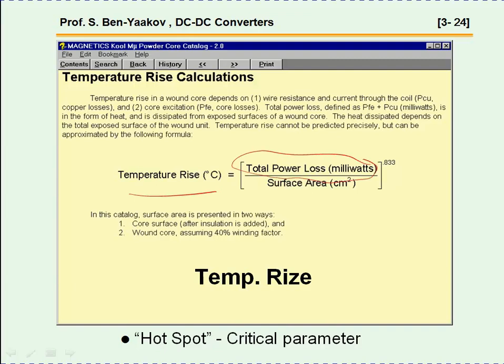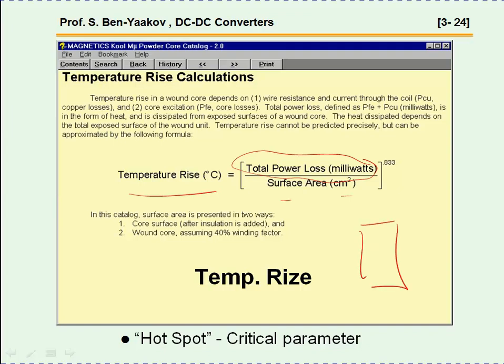This will be the wire loss, that is the resistance of the wire, times I squared RMS of the current flowing through the wire. So this will be the resistance wire. And then you have to add to it the magnetic losses, which we just spoke about, and divide it by the surface area. Why is that?